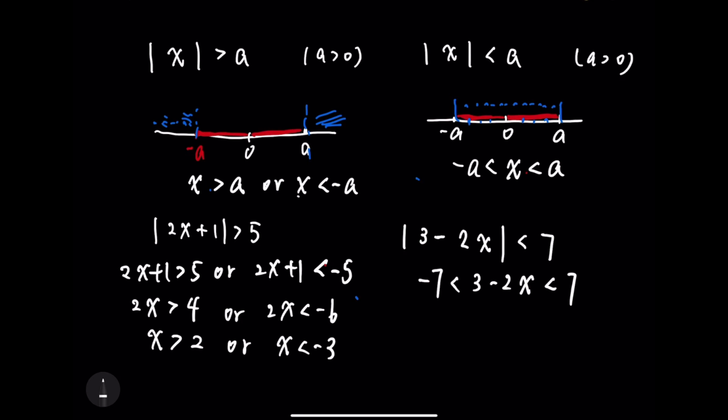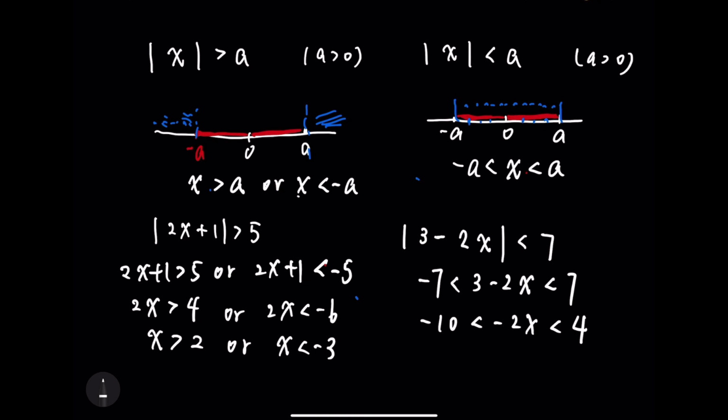Firstly, I subtract 3 on the left side and on the right side, minus 3. So you get negative 10, negative 2x, and 7 minus 3 gives me 4. And then I need to divide by negative 2 on each side.